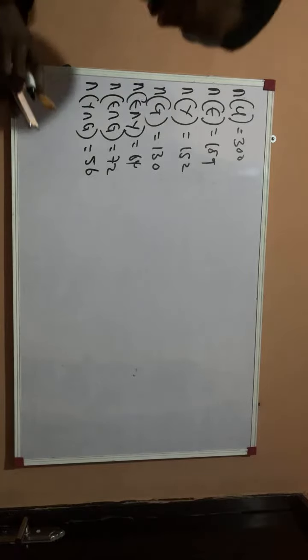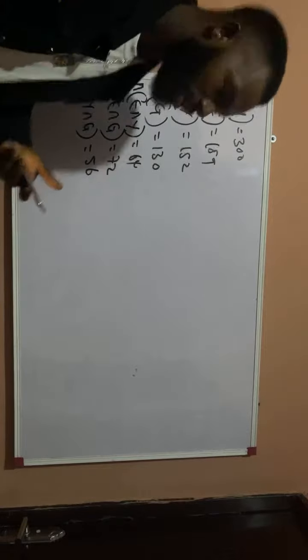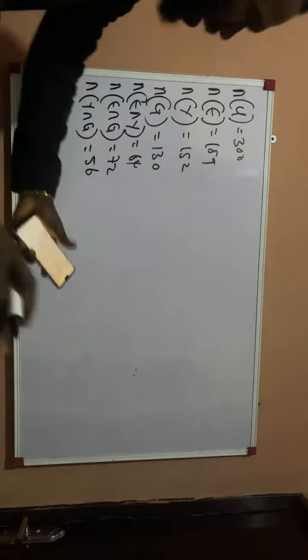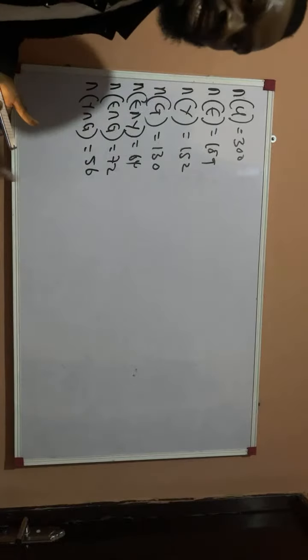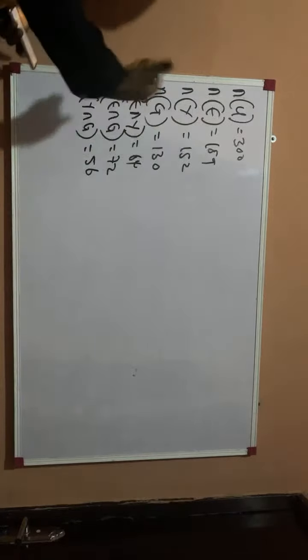The question says, A, draw a Venn diagram to illustrate this information. Now, class, let's take a look at something. In the question, they said the total number of viewers in that festival was 300.